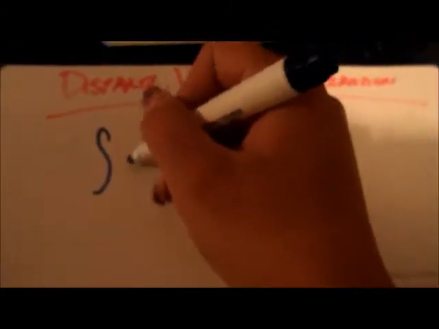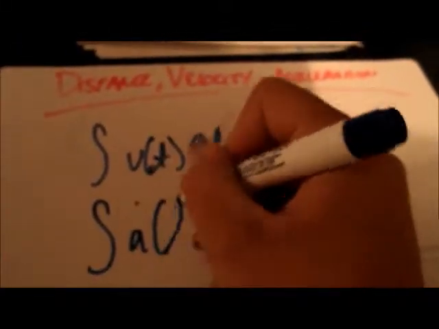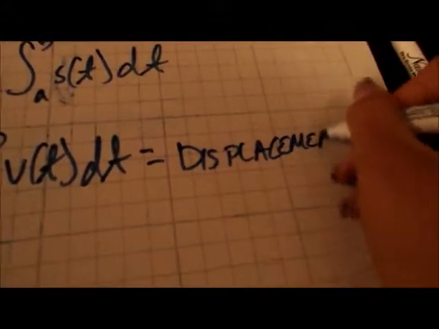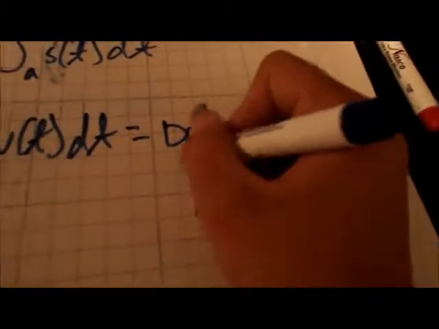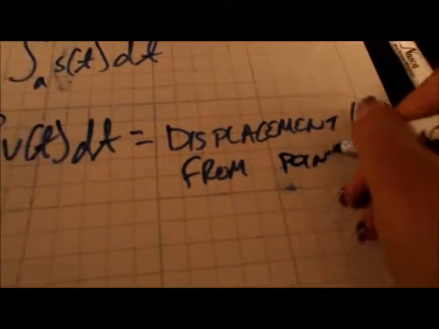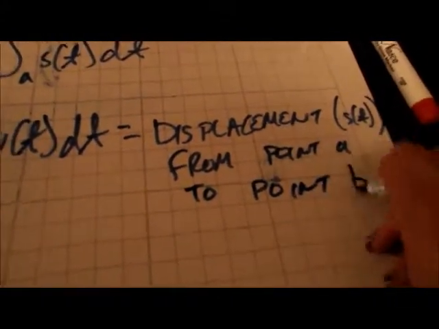You can use integrals to find the sum of the velocity, acceleration, or displacement from point A to point B. The integral of velocity from point A to point B is equal to the displacement from point A to point B. This is because when you use the integrals, you take the antiderivative of what follows it, and displacement is the antiderivative of velocity.